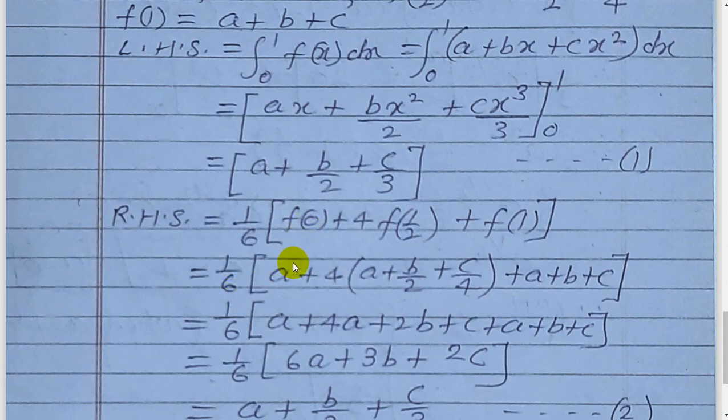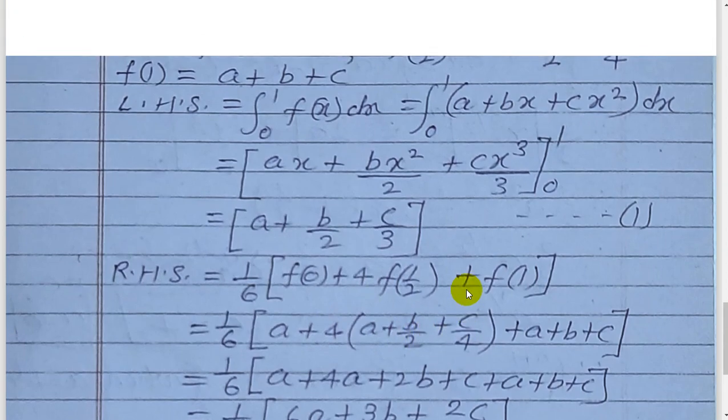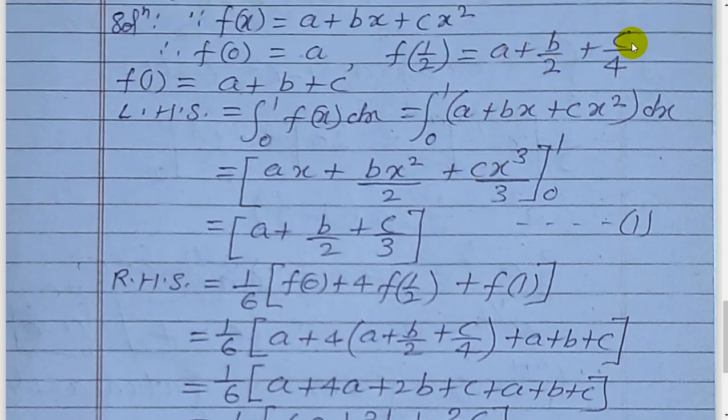Value of f of 0 is a, plus 4 into f of half. F of half is a plus b by 2 plus c by 4, you can check from here. And value of f of 1 you can check from here, a plus b plus c. So we write here a plus b plus c.